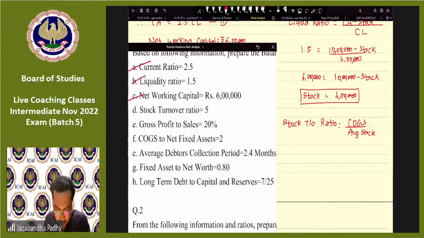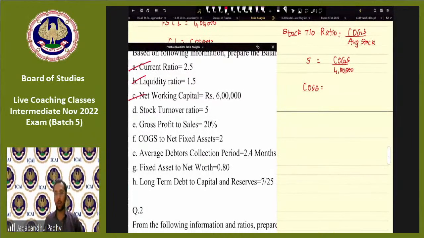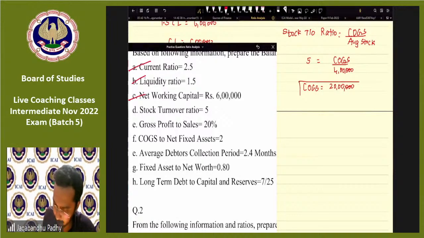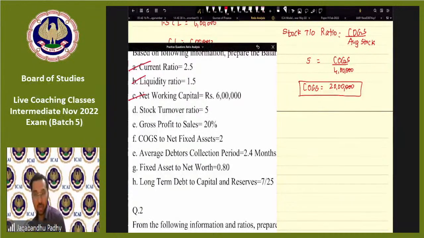So stock turnover ratio 5 is equal to COGS upon average stock, and we know stock is 4 lakh. So COGS will be 4 lakh into 5, which is 20 lakh. So COGS is 20 lakh based on the stock turnover ratio. Right, guys?